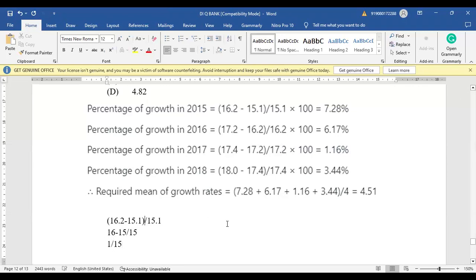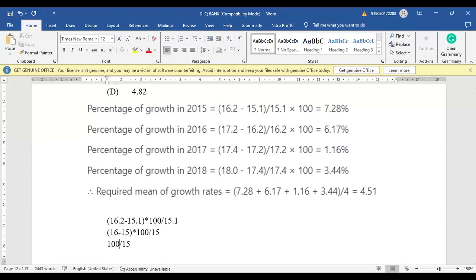So all those things having into 100. Keep that. So it is approximately 100 by 15. Okay.